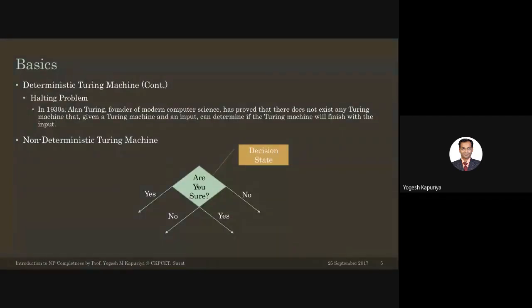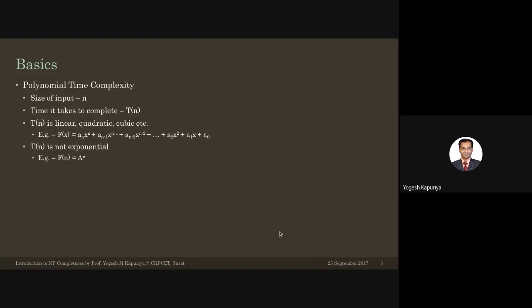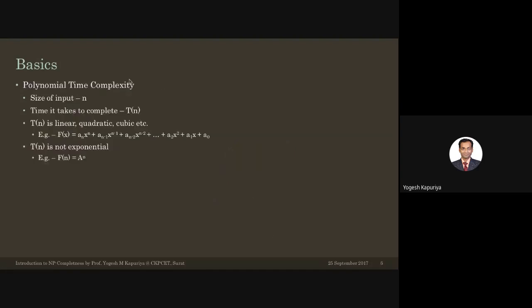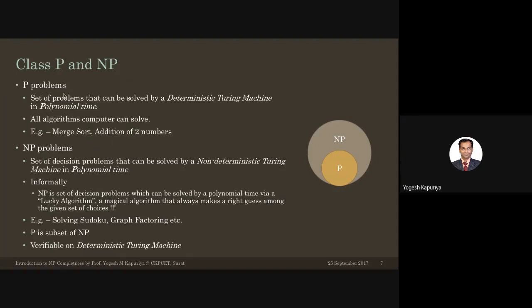You know, a deterministic Turing machine means that when you ask something, you have a deterministic path for your answer. If your answer is yes, there is only one path for yes. If the answer is no, there is only one path for no. So you have a deterministic Turing machine which can execute your problem, and the time complexity is also polynomial. The set of problems that can be solved by this deterministic Turing machine is called P problems.